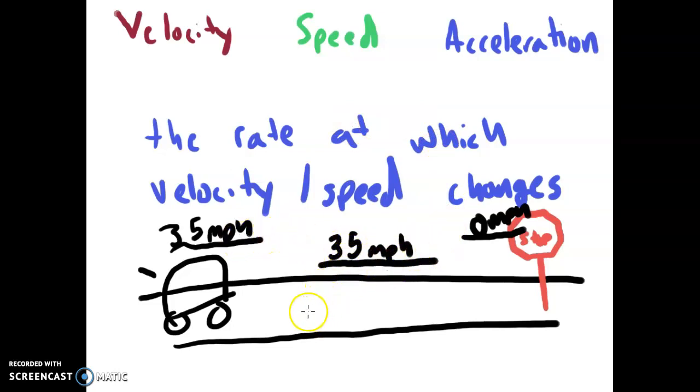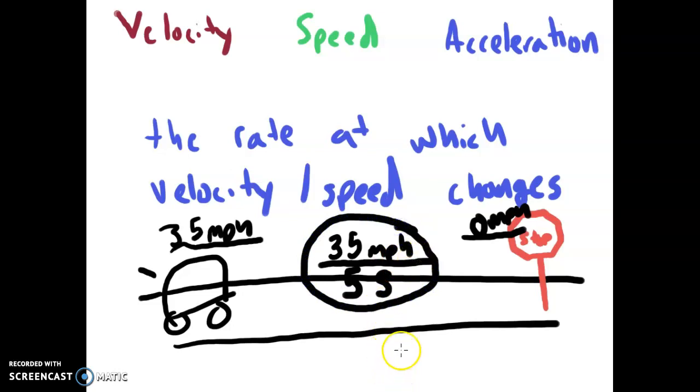So in this case, let's say it came to this stop in, let's make it easy for us, let's say 5 seconds. Okay, and then we could divide this, and then our answer would be 7 miles per hour per second. Okay, and that is an example of acceleration, the rate at which velocity or speed changes.